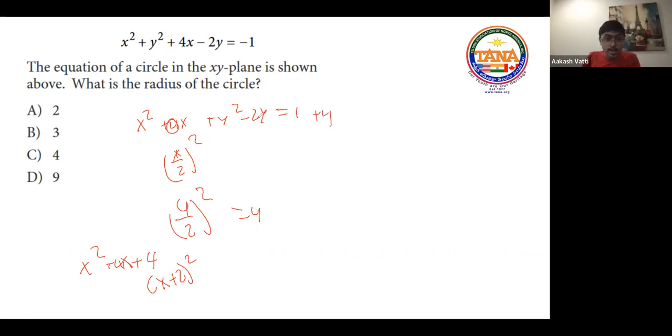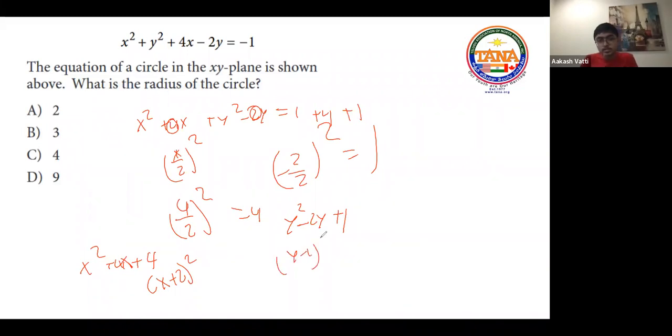And you take half of this squared. So negative 2 over 2 squared is equivalent to 1. So you have y squared minus 2y plus 1. And when you do that, you also have to add 1 here. And that is equivalent to y minus 1 squared. So you have your equation x plus 2 squared plus y minus 1 squared is equivalent to, is it 6, I believe?